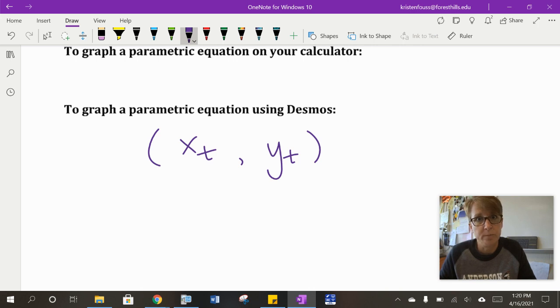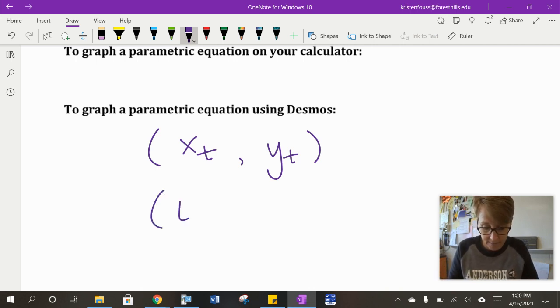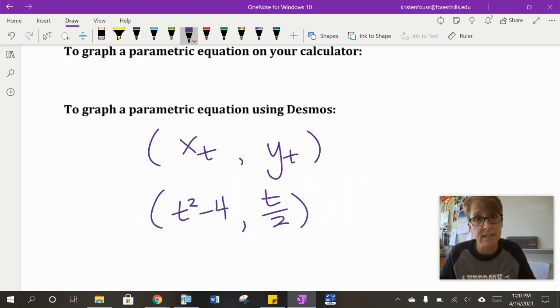So it'll look like an ordered pair. So if we were doing this previous one, I would do t squared minus 4, right? And then comma t over 2. And that's how I would type it in on Desmos. And Desmos knows, oh, this is parametric. I'm graphing in terms of t. It might even give you an option, I think it does, to set up your values of t that you want to use, etc. All right?